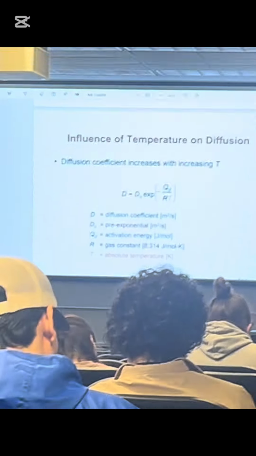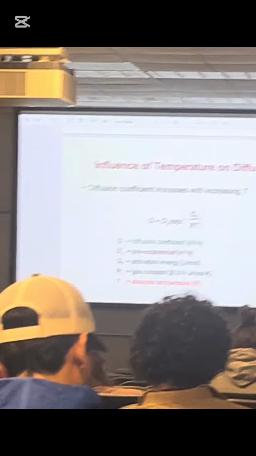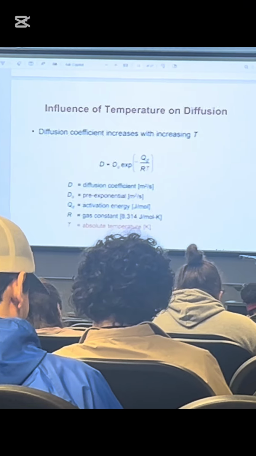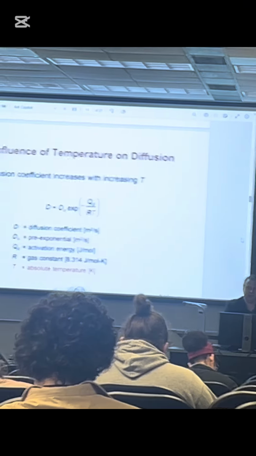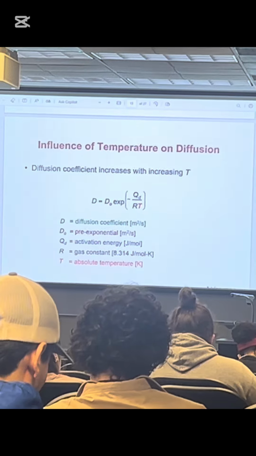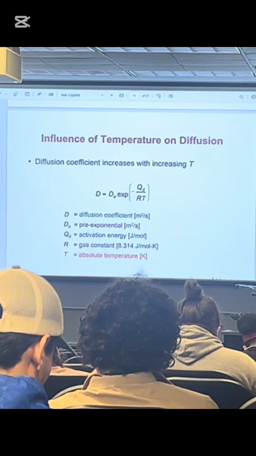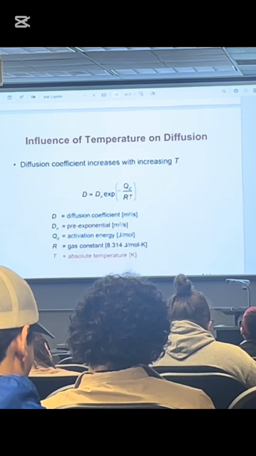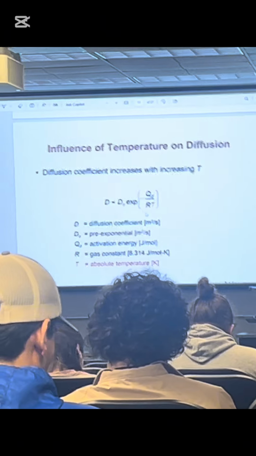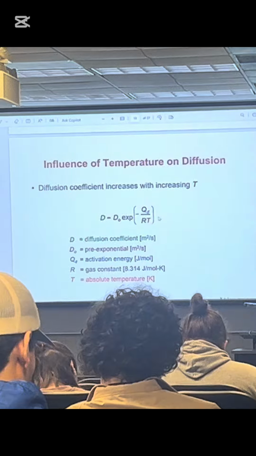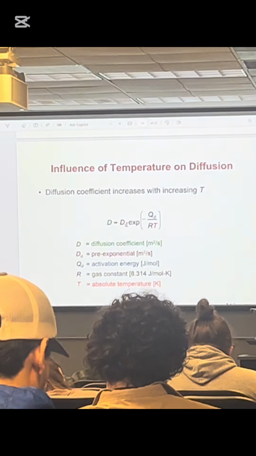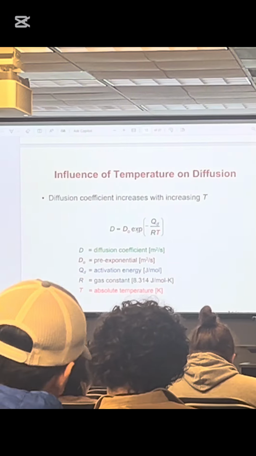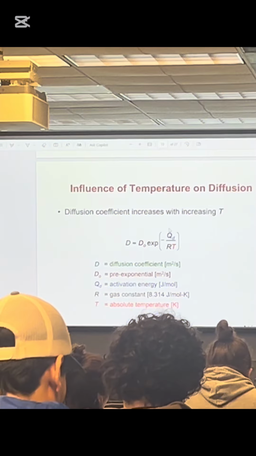Well, how does temperature affect diffusion? You have seen a similar equation, except that there we were calculating the concentration of vacancies, which you will do on the test on Tuesday. But here, the diffusion coefficient has exponential dependence on temperature. It's equal to D0 times e to the power minus Q_D over RT, where exp means e to this power.